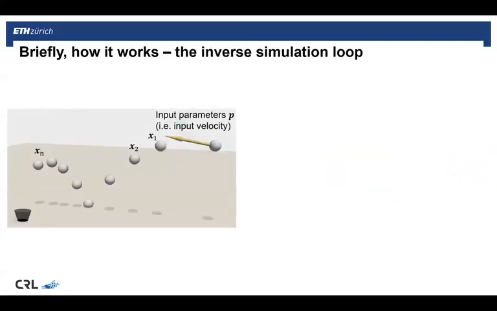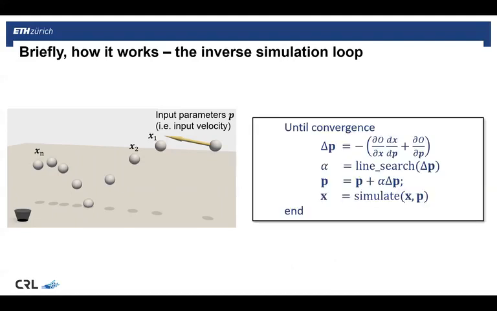So once we have this information under our belts, we can once again take a look at a typical inverse problem optimization loop, where basically we begin by computing a change in the input parameters.